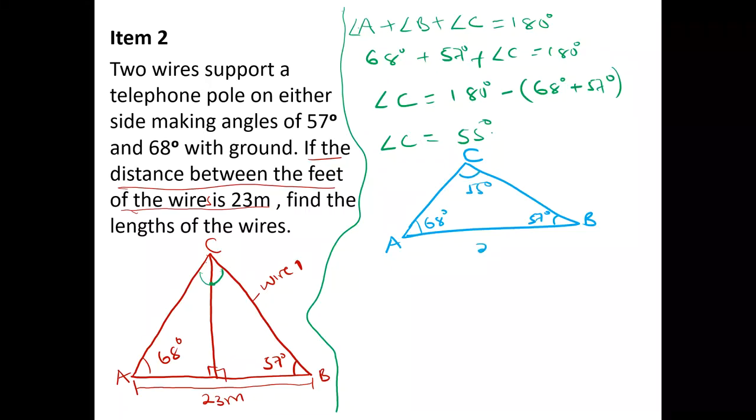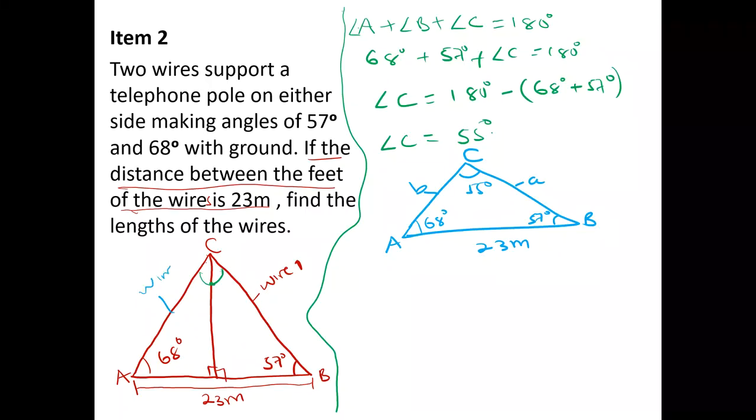I have here 23 meters. And then I don't have this side A, which is for the first wire, and also here another side B, which is for the second wire. This is wire 2.